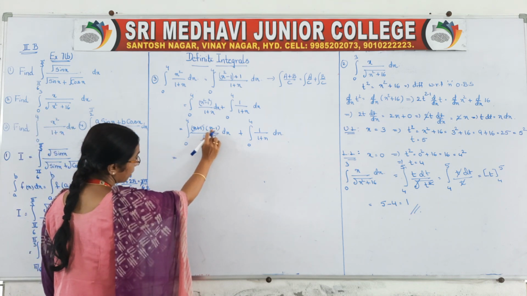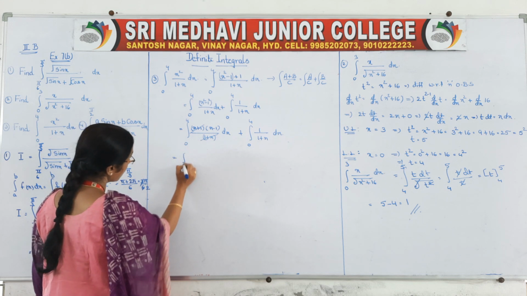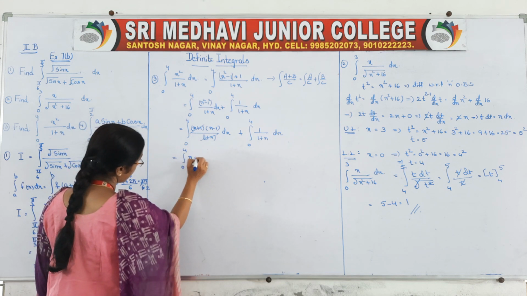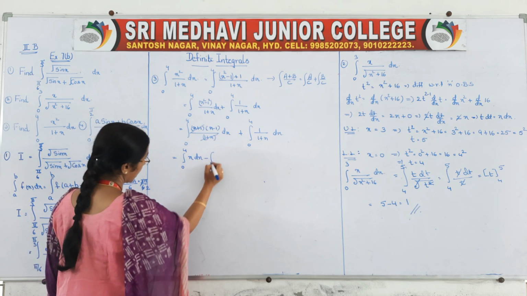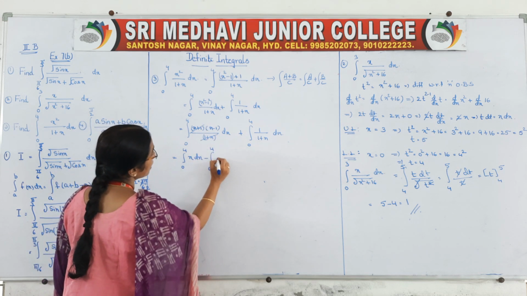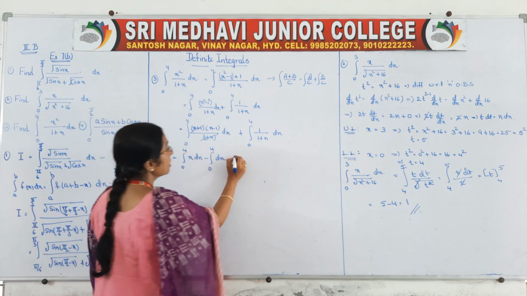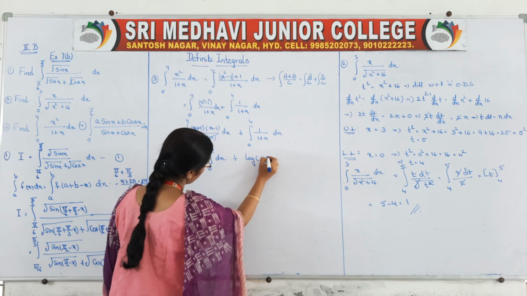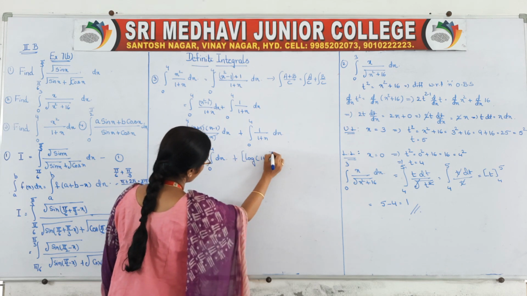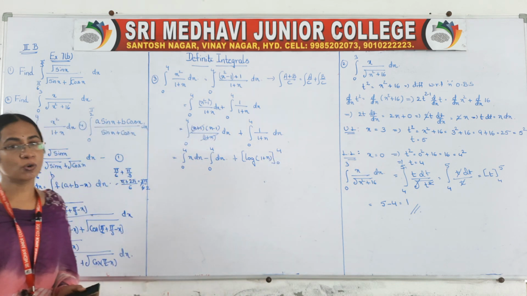So x minus 1 we can take separately. So 0 to 4 x dx we can take, and minus 1 into dx, the minus can be taken outside and it is integral dx. Okay, and this one is nothing but log of 1 plus x, and we will take the limits 0 to 4.